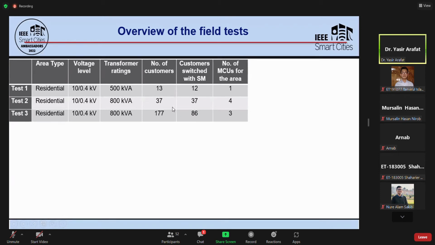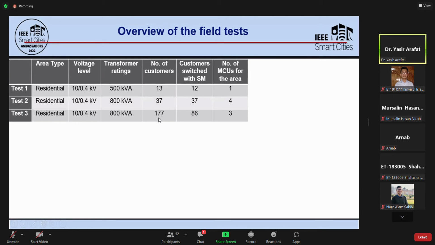But for 37 customers, there were 4 MCUs because the area was large. One customer was far away from another customer, so depending on the geographical position, 4 MCUs were needed.